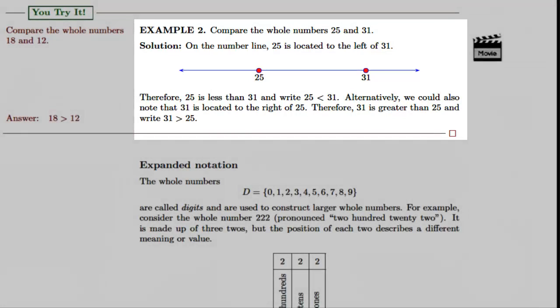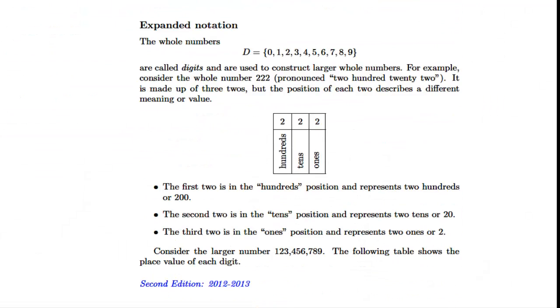Expanded notation. The whole numbers 0 through 9 are called digits and are used to construct larger whole numbers. For example, consider the whole number 222. It is made up of 3 2's, but the position of each 2 describes a different meaning or value.